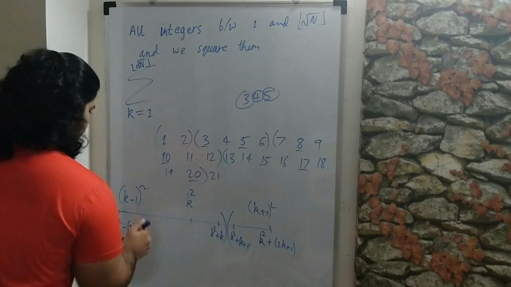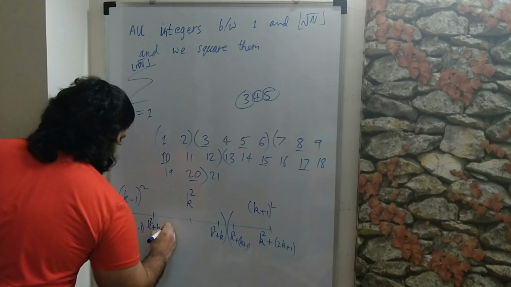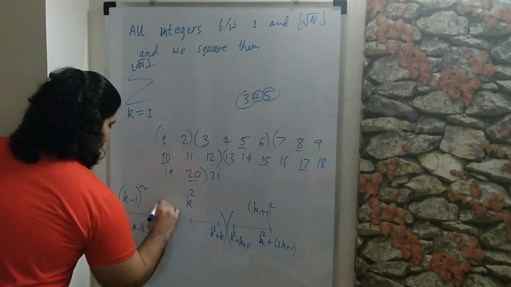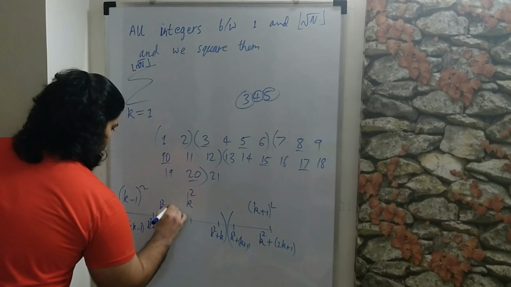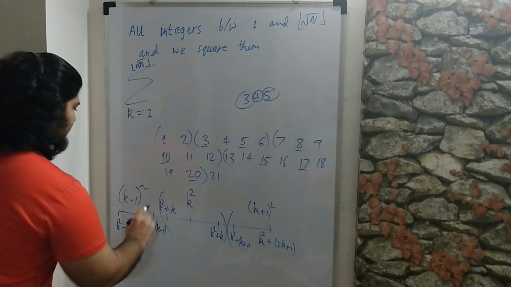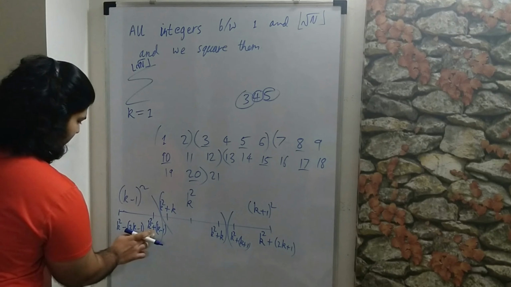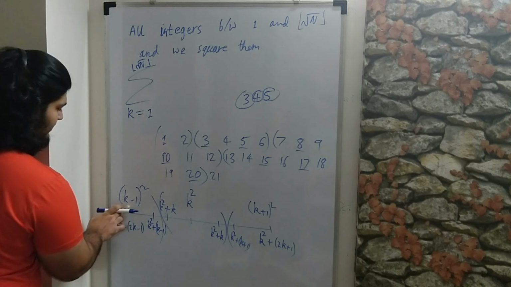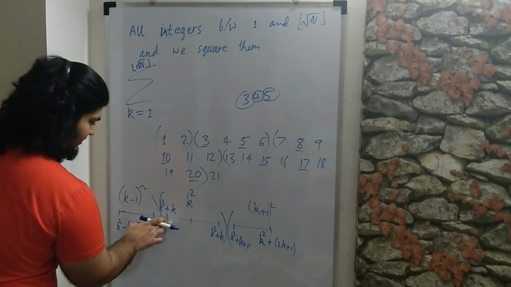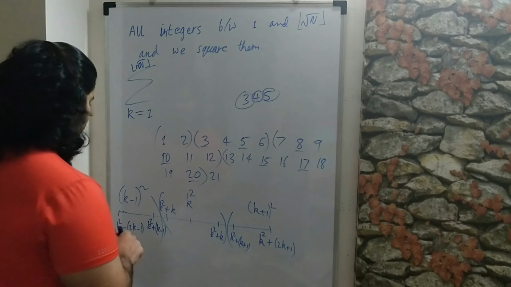And similarly over here, if we have k square minus k minus 1 and k square minus k, then this side will be k square's bracket and this side will be k minus 1 whole square's bracket, because this number is k away from k minus 1 whole square, and similarly this number is k away from k square. Okay, wait, I made a mistake over here.